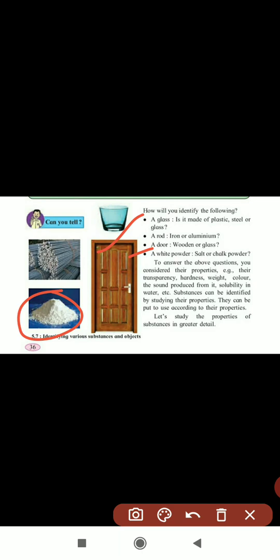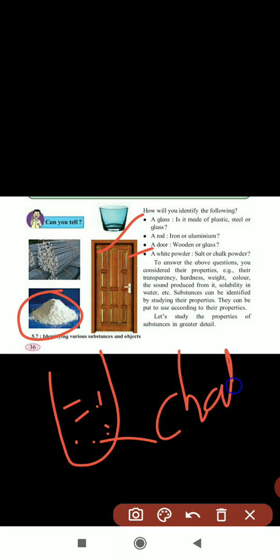If you take some powder in a glass and add water to it, and the powder dissolves in the water, then it is salt, and if it does not dissolve in water, then it is chalk powder. Do this experiment at home, because chalk and salt are available at home. Yes, and you can identify the powder.